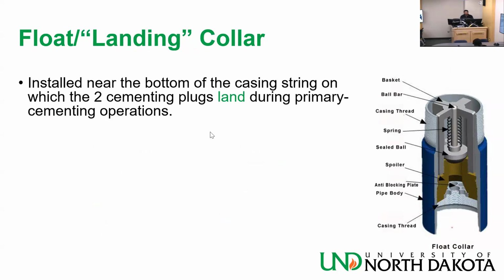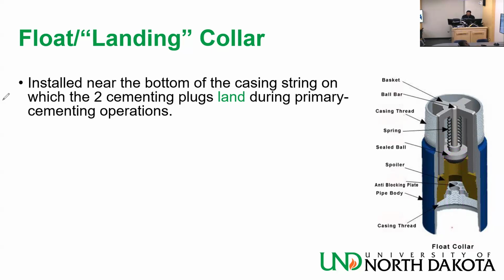So this is the float or landing collar. Now, I have it upside down here because that's how the picture was. So imagine the way it works: the mud and cement flowing through like this, because it's upside down. When you pump cement through, you have this little sealed ball, which is like a little seating.